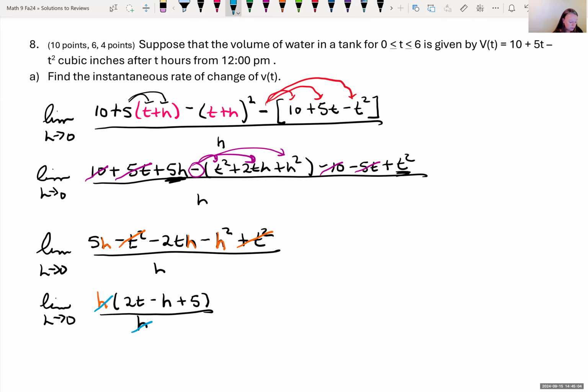Now I can go in and do my direct substitution, plugging in a 0 wherever I see an h, what I'm taking the limit of. So this would give me 2t plus 5. So that is the instantaneous rate of change of my volume. So V prime of t is 2t plus 5.